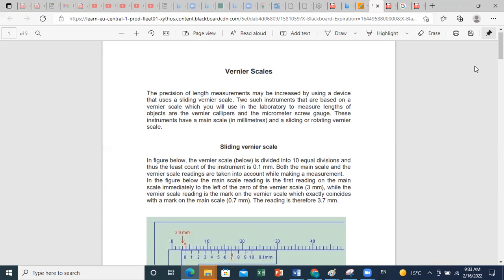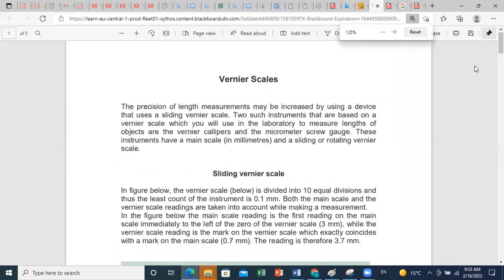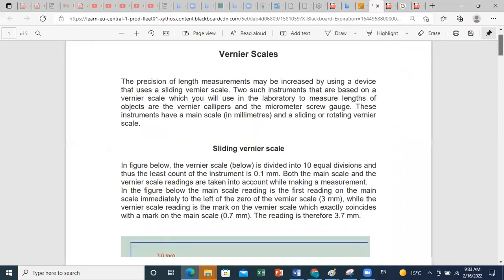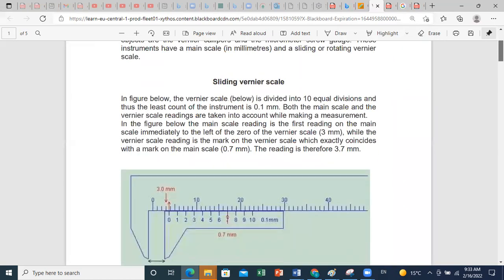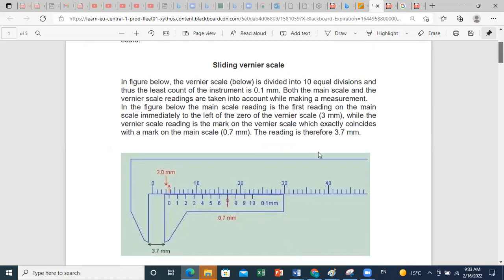Let us start with some examples to see how we use these vernier scales. We'll start first with the sliding vernier scale. If you look at the figure below, you have two scales. This is the main scale, and you will have an annotation here, for example, that your readings on the main scale are in millimeters.